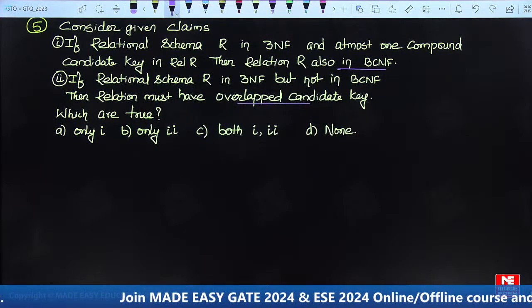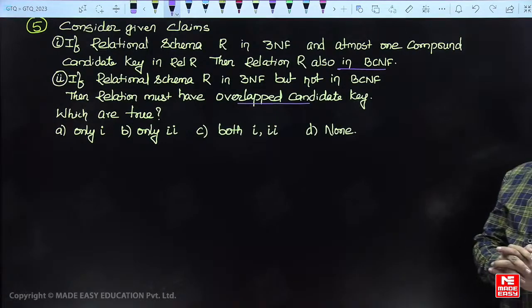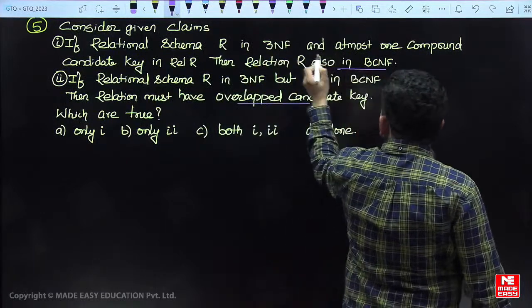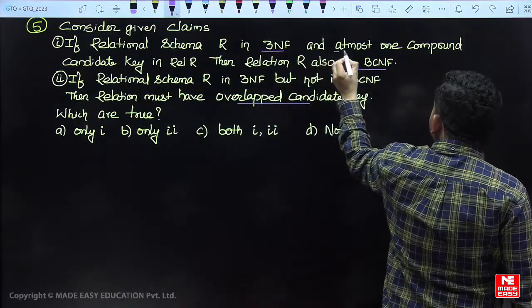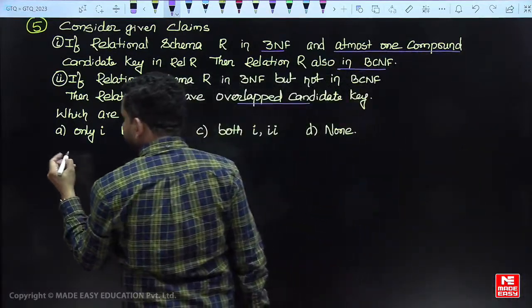Some are given B and some are given C. See this one: relational schema R is in 3NF, with at most one compound candidate key.